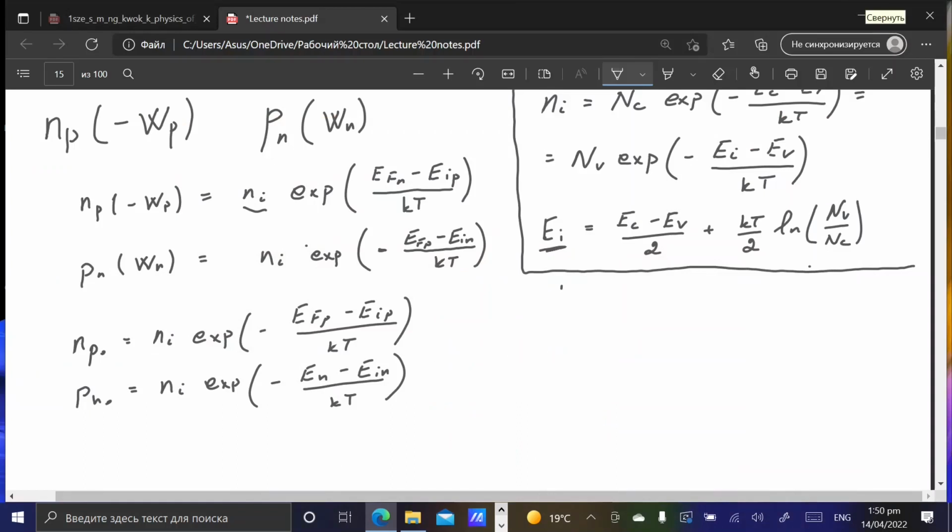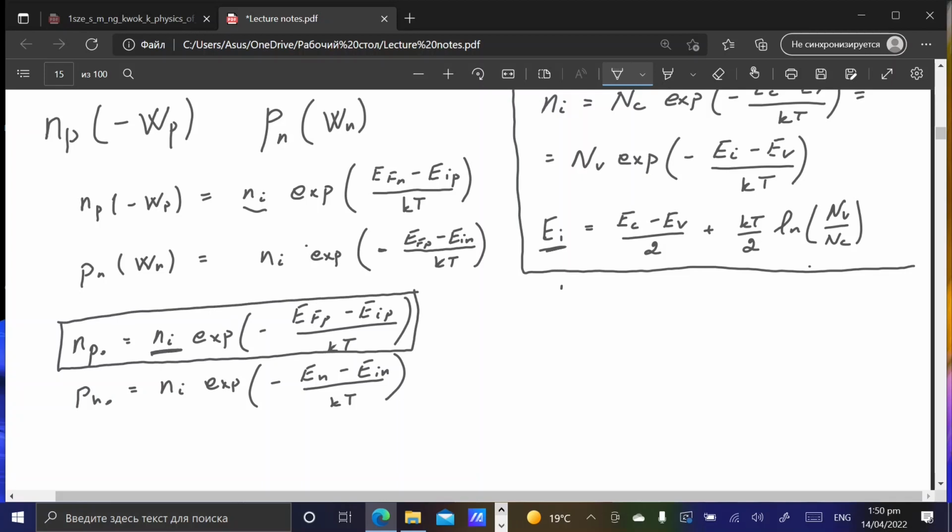Okay. So now, taking this into account, let us write the expression for the intrinsic charge carrier concentration from the last equation, and express n_i from this equation.